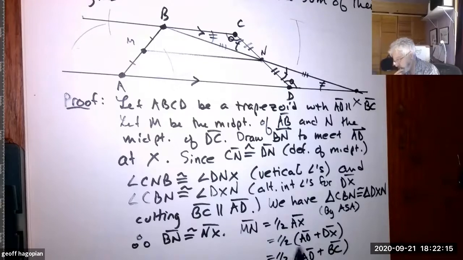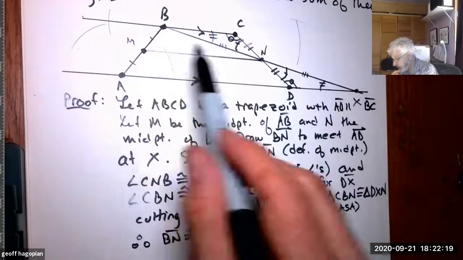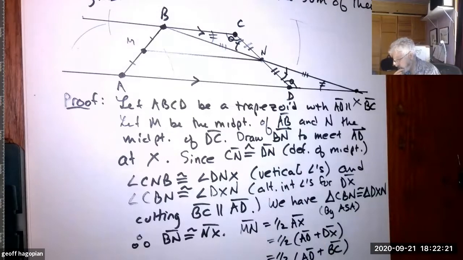We showed that DX is congruent to BC, their corresponding parts, right? Did I write that out? No. So let's write it here. And this is because corresponding parts of congruent triangles are congruent, right? So that BC is also congruent to, I'm kind of all over the place here, sorry, DX.